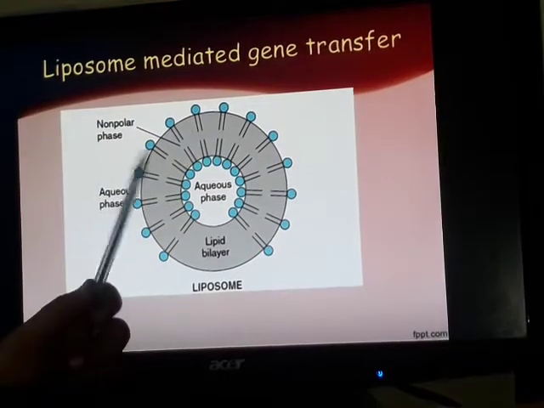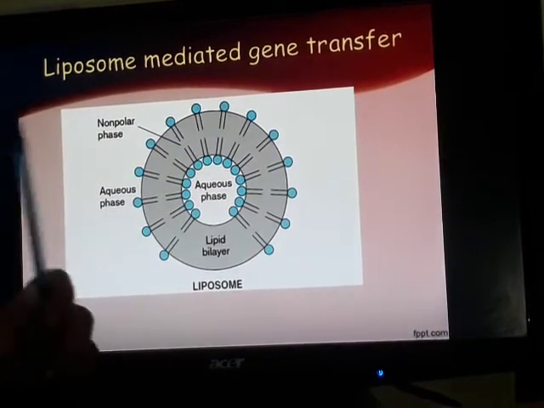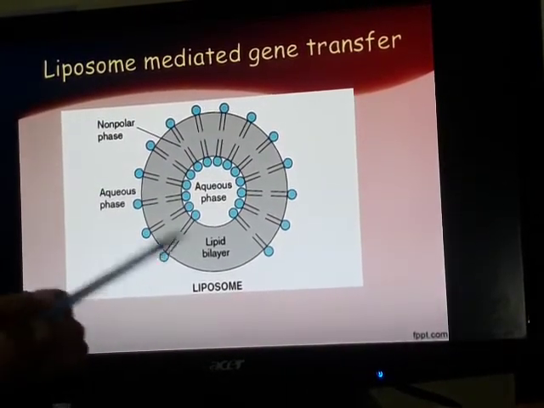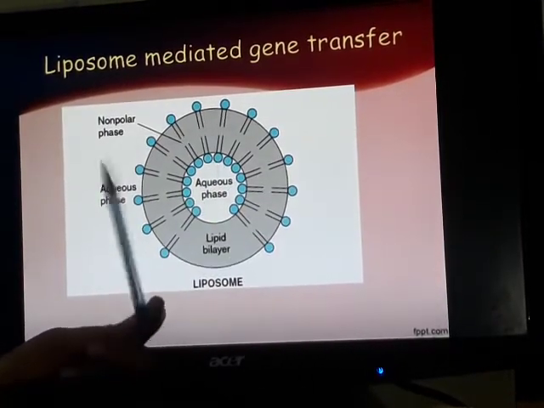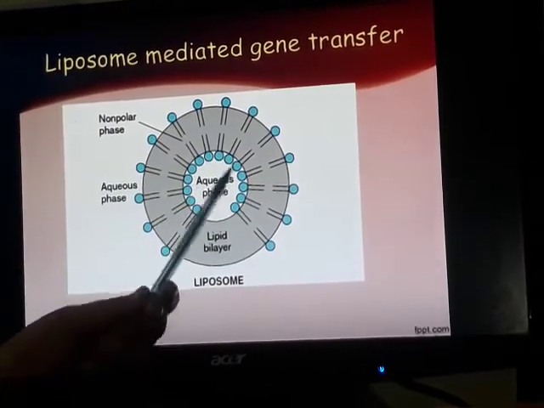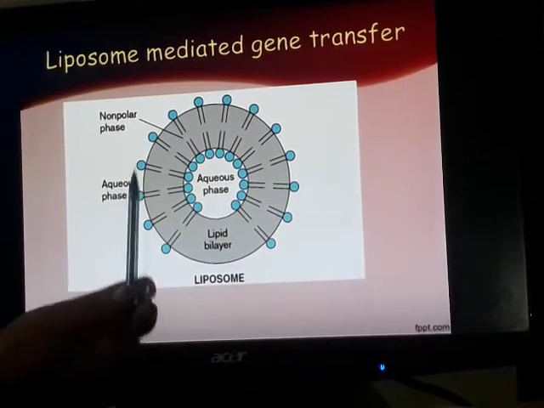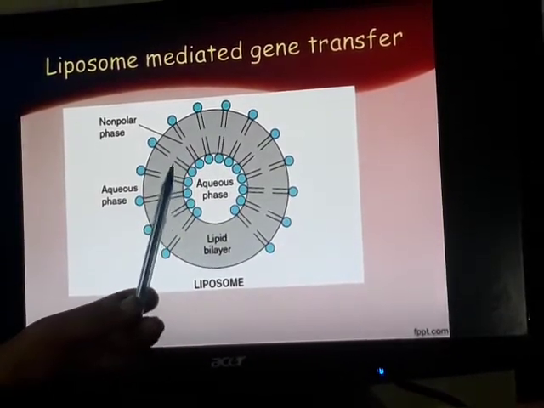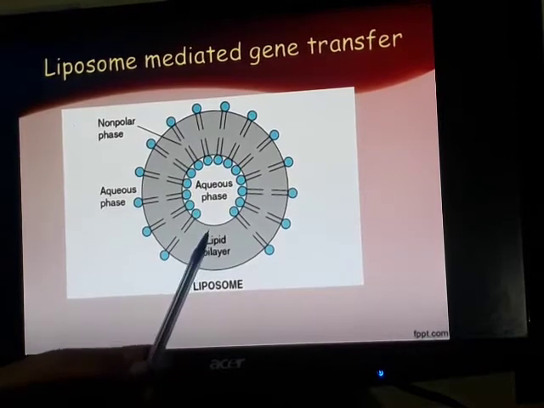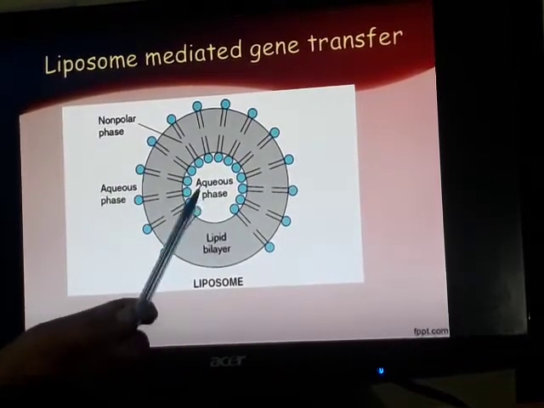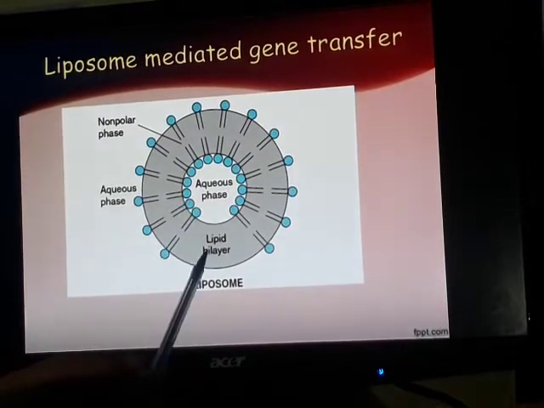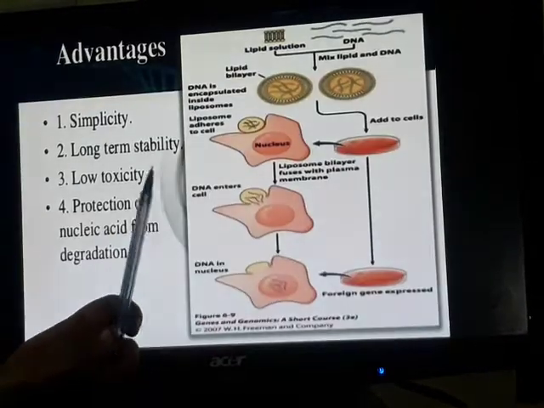The next is liposome mediated gene transfer, where the DNA is loaded into a liposome. Liposomes are nothing but lipids. You can see an aqueous phase here, and in the middle you have a lipid bilayer, and this is something like a vesicle, and your foreign DNA is introduced into this, and this liposome is then transferred into the host.